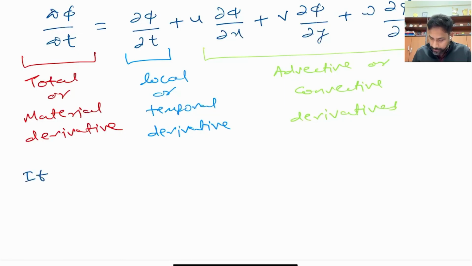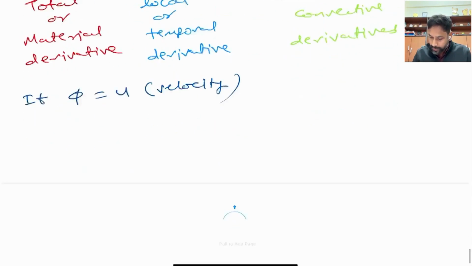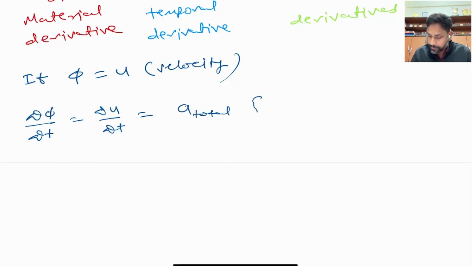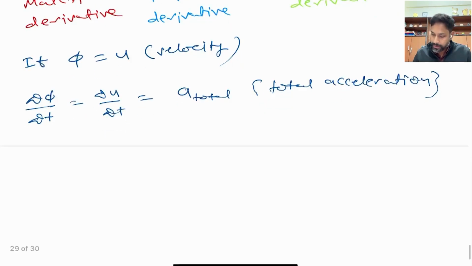And let's say if phi is equal to u, that is velocity, then d phi by dt basically becomes du by dt. That becomes your total acceleration, right?